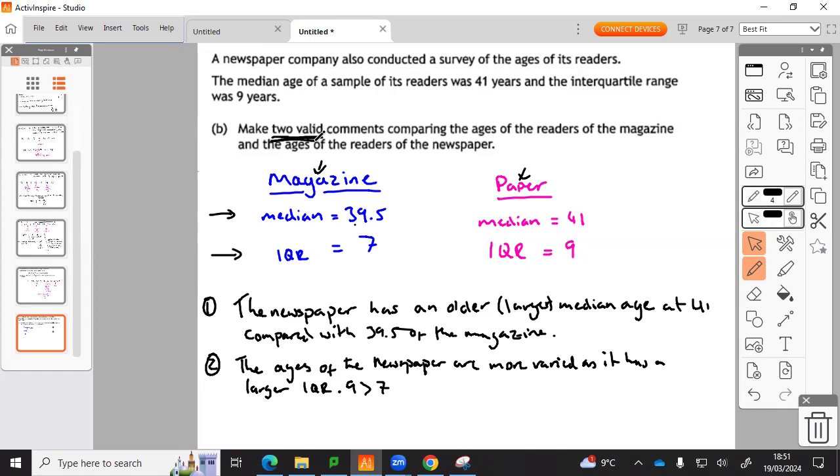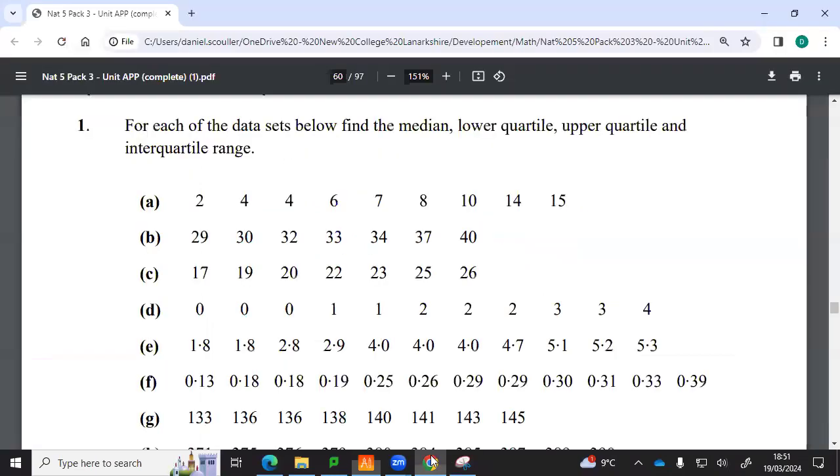Can I ask something? Of course you can. You know how in question 1 on the booklet, the quartile 3 was in between 10 and 14, so we did 14 plus 10 divided by 2 to get 12. How come we haven't done that on the past paper question, like 47 plus 42 divided by 2?